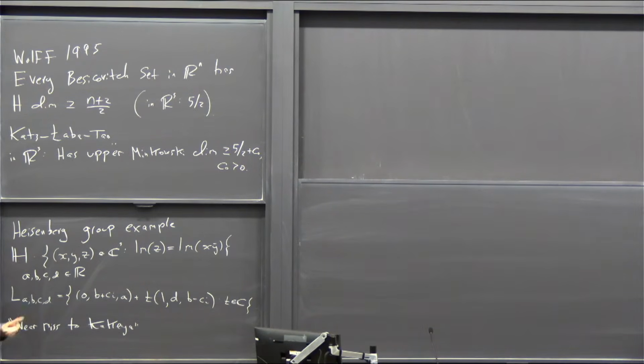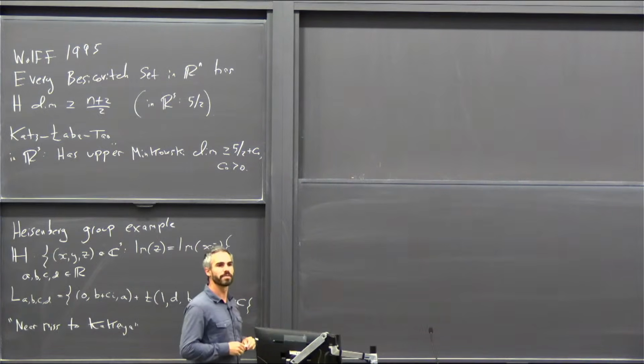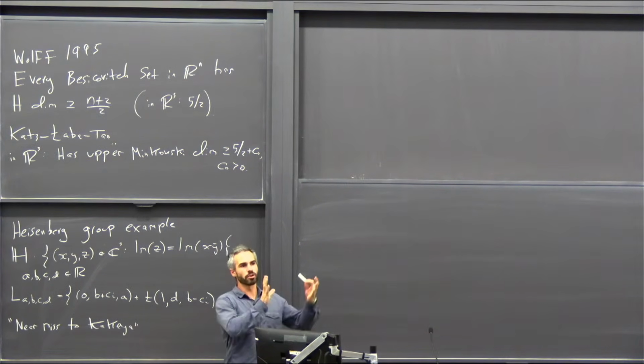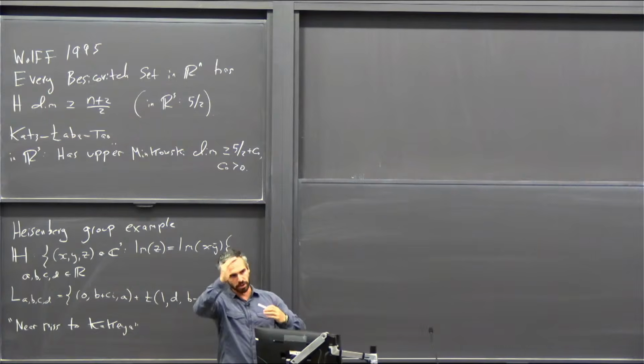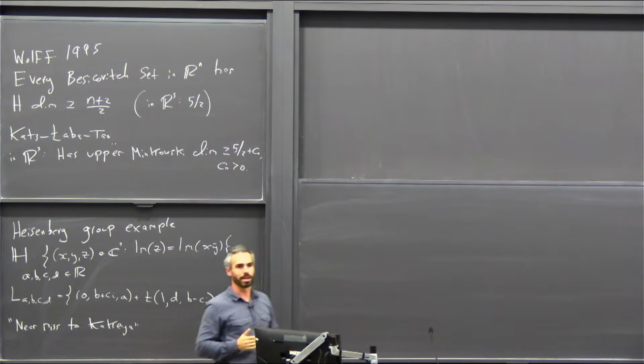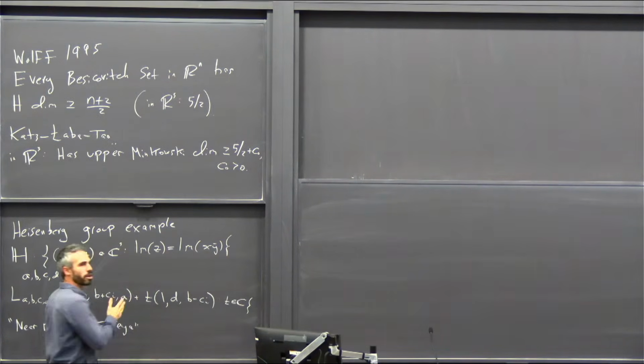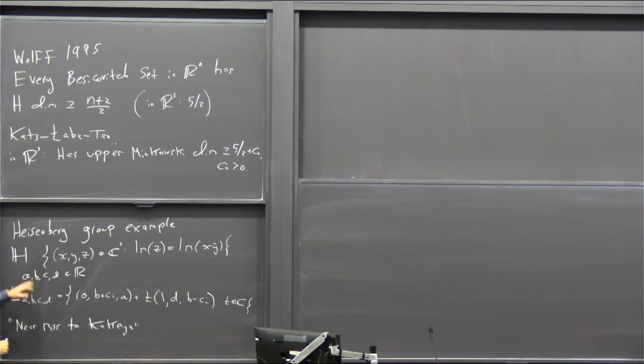So in some areas, maybe complexity theory, which is an area I know very little about, people talk about barriers, the algebrization barrier and relativization barrier, things like that, which say that certain families of methods can't prove results past a certain threshold. And this is a kind of barrier, saying that any method which can't distinguish between the Heisenberg group example and a genuine Kakeya set can't get past dimension 5/2.